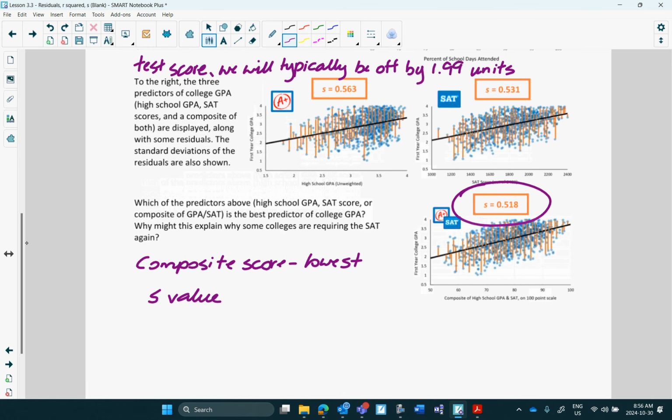Notice that high school GPA was the worst predictor. Why do you think that is? Just out of curiosity. High school and university are different. Yes, how? Well, harder. Their grades are expected to drop as more university. Yeah.